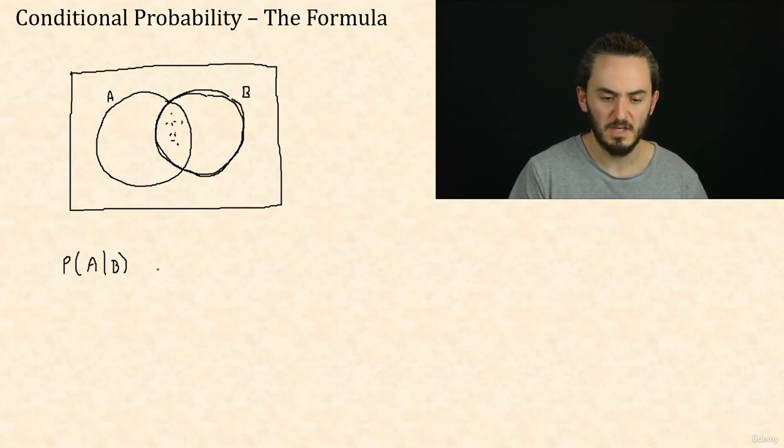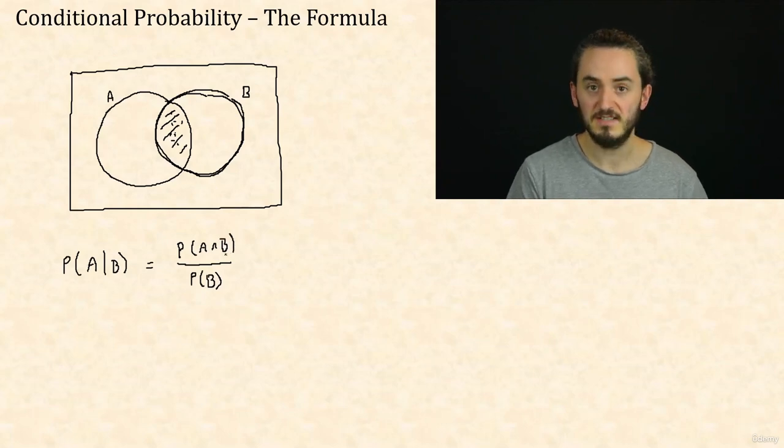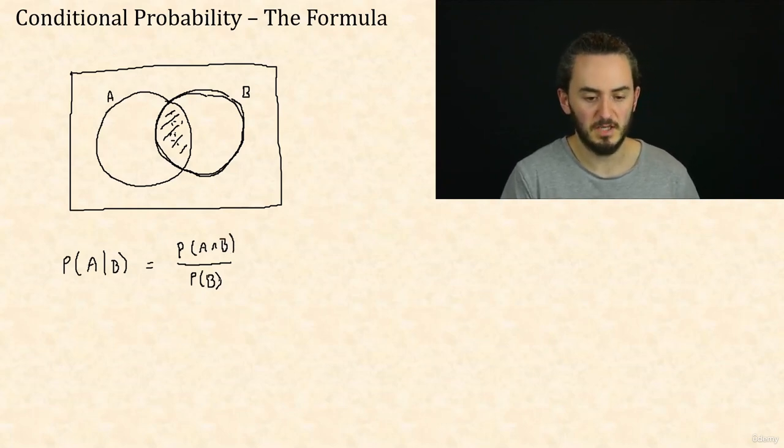So that's this region here divided by all of B. So that's just the intersection, probability of A and B, divided by the probability of B. That is our conditional probability formula.